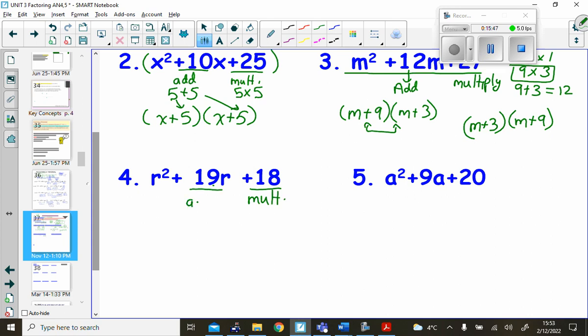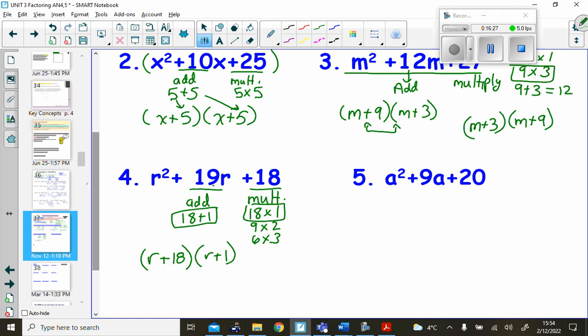What adds to give the middle? 18 is 18 and 1, or 9 and 2, or 6 and 3. 18 times 1 is 18, and 18 plus 1 is 19. So therefore, 18 and 1 are the magic numbers. So r plus 18, r plus 1.